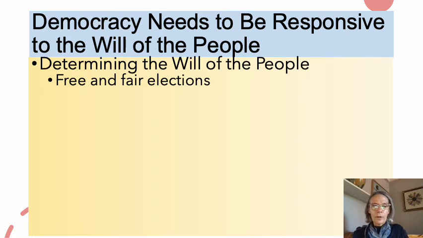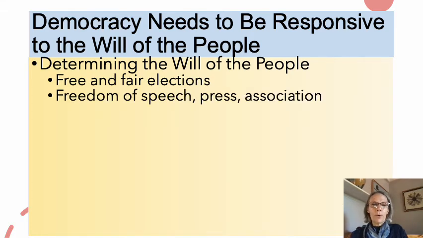Later in the semester, despite all the claims of election fraud and lack of integrity in our election system, election fraud is extraordinarily rare in the United States. And so we need to have free and fair elections. We also need to make sure that people have access to the ballot and that there aren't barriers to preventing people from voting.